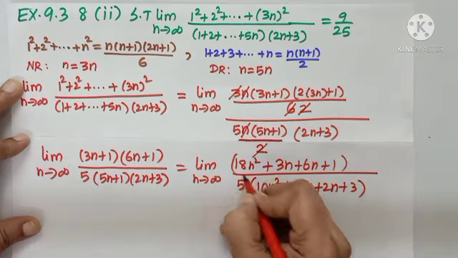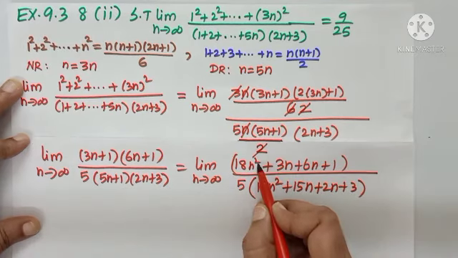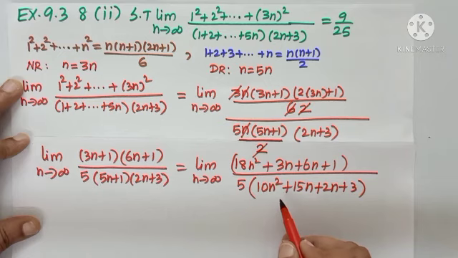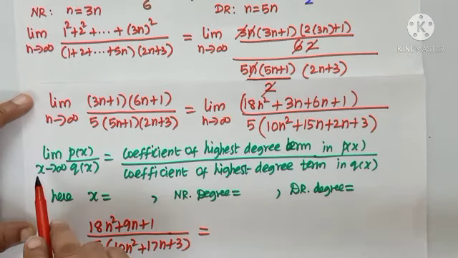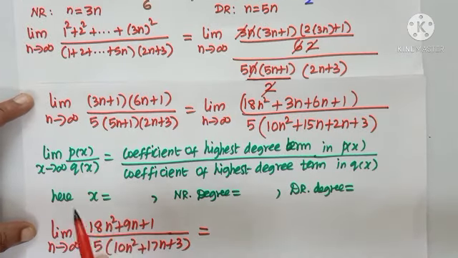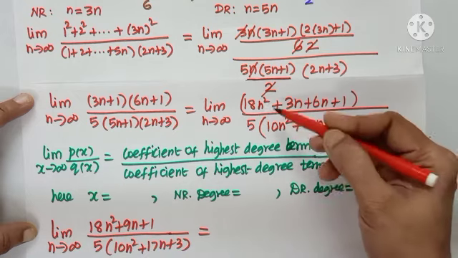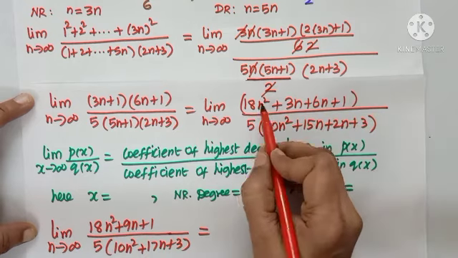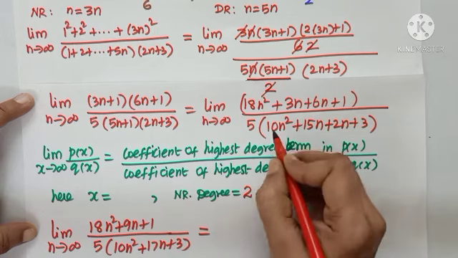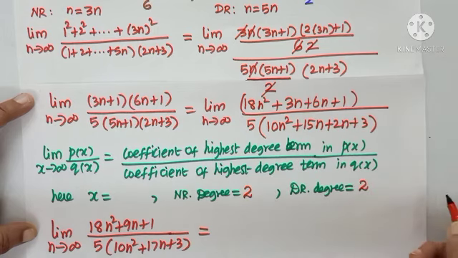As we check, the highest degree is 2. Denominator also the highest degree is 2. So we recall the formula: limit x tends to infinity p(x)/q(x), when they are of same degree. The numerator degree is 2, the denominator degree is also 2.